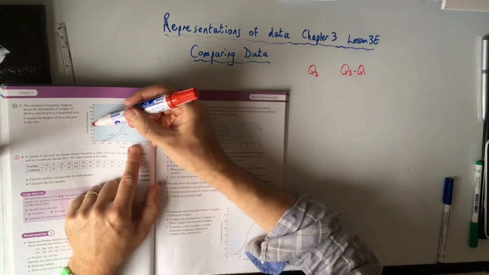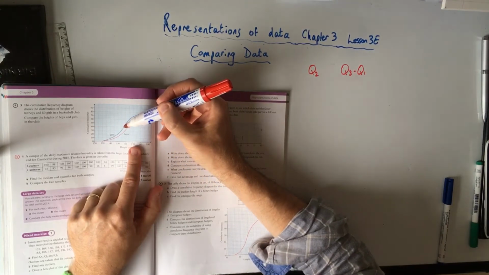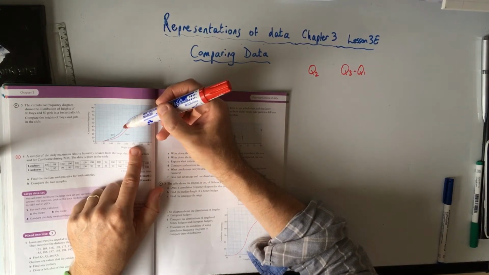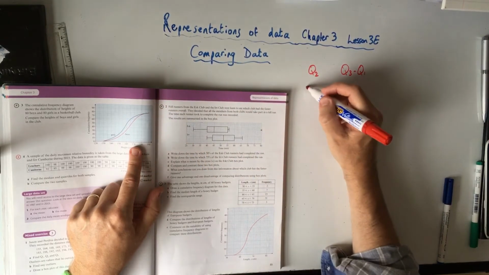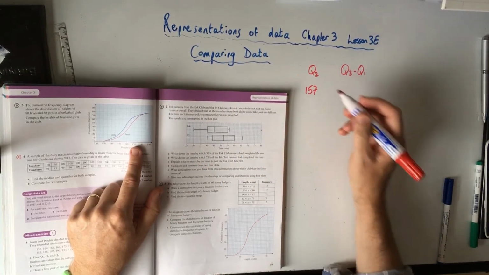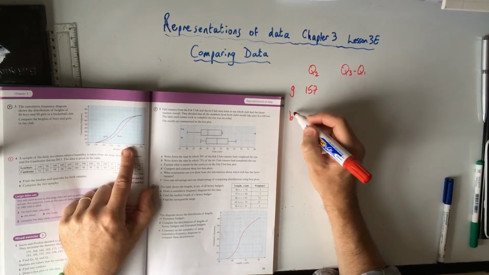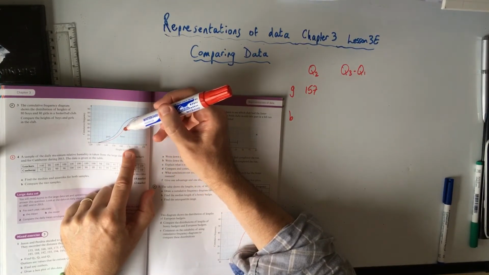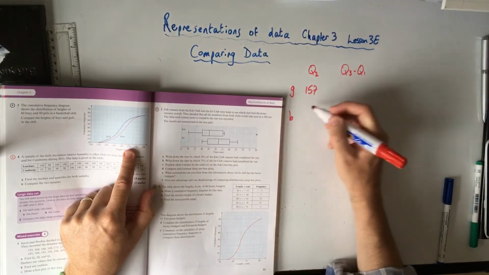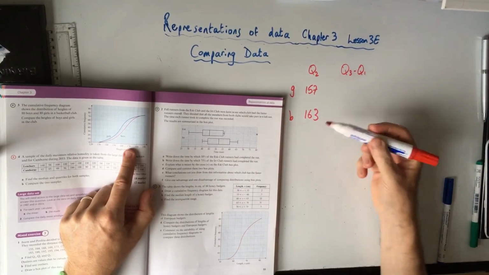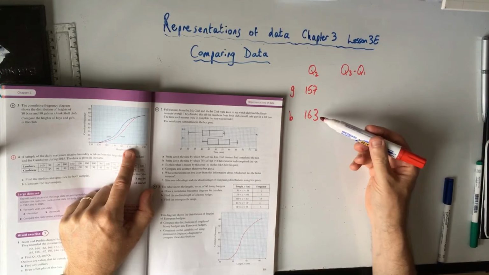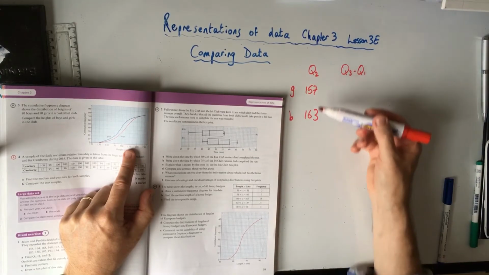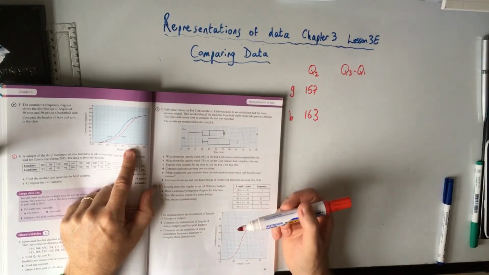There's 80, so you're just reading across from the 40th, and the 40th girl is about 157. The 40th boy is 163. So already you're saying that the median boy is taller than the median girl, because these are medians that we're reading off.